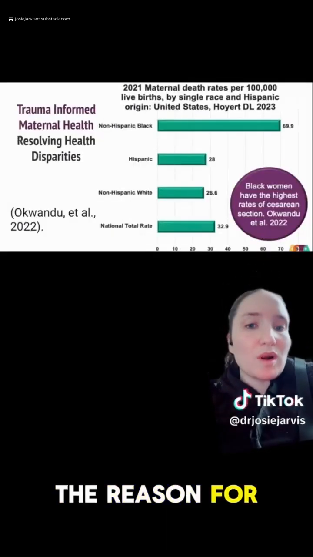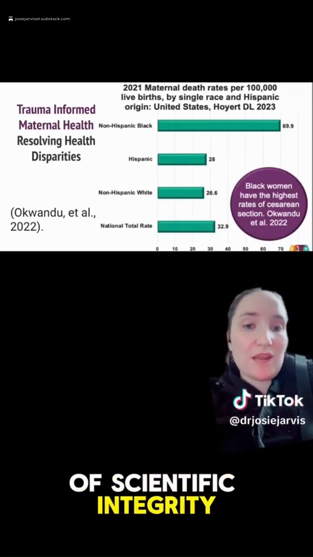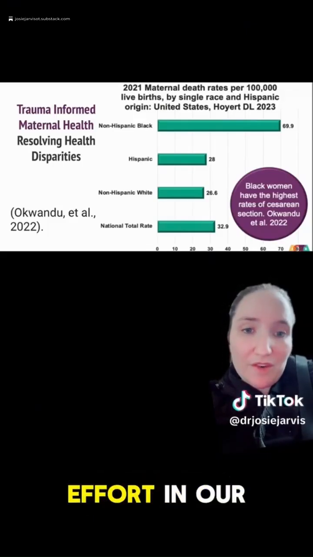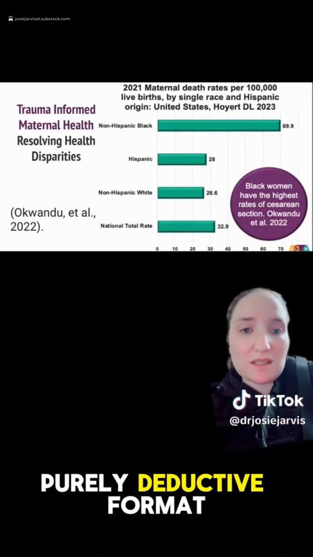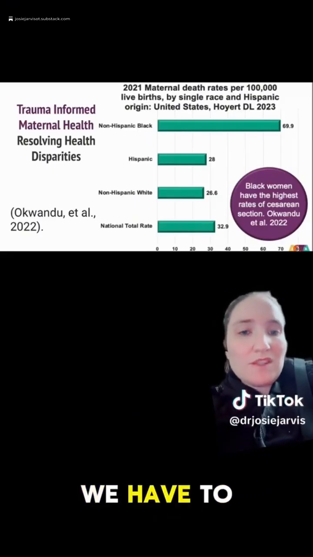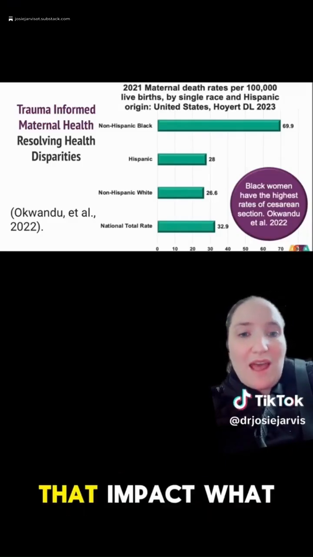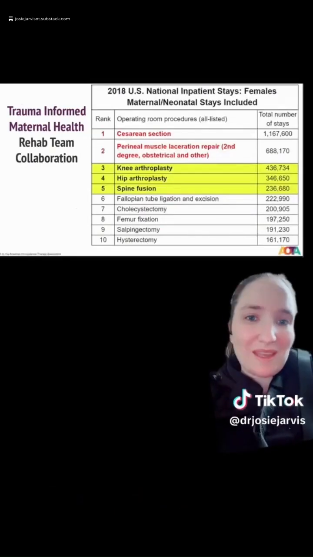The reason for having a lens like this in our understanding of scientific integrity has to do with taking deliberative effort in our objective inquiry, even in a purely deductive format. We have to be aware of built-in socio-political biases that impact what data gets filtered and funded.